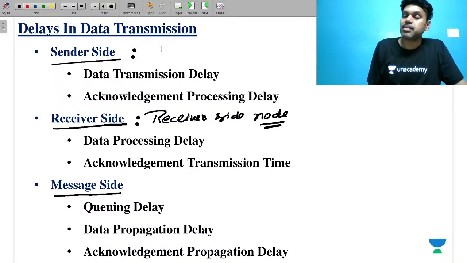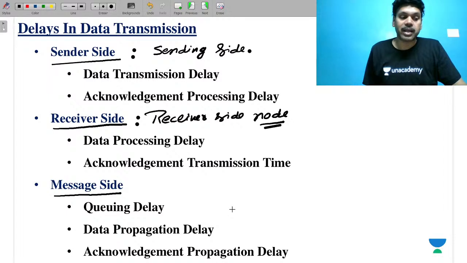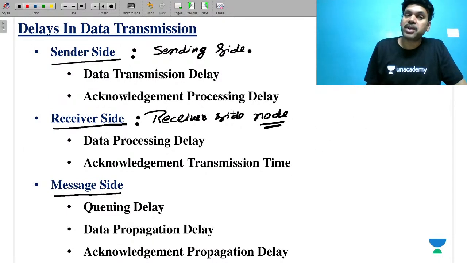And the sender side may be a direct sender or an intermediate router. And the other one is the message side. The message has a queuing delay, a data propagation delay and an acknowledgement propagation delay. So my dear friends, according to that, let us see what the data transmission delay is and what the other particular delays are which are mainly used in data transmission.